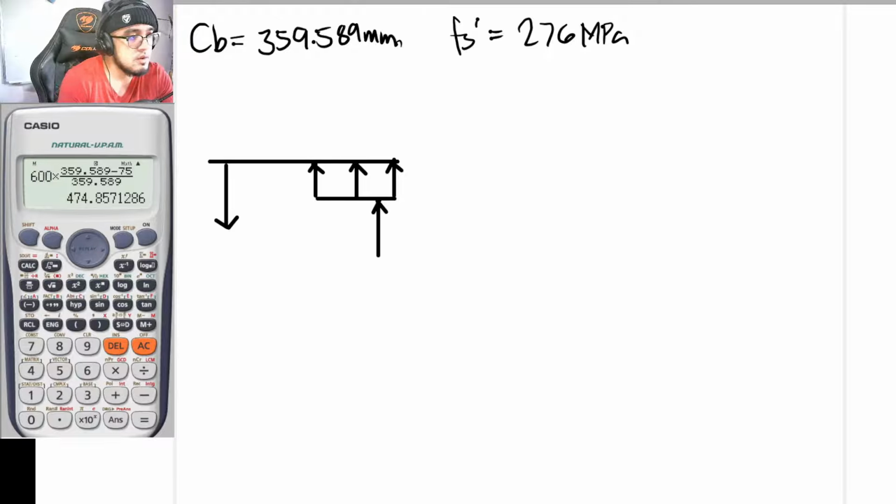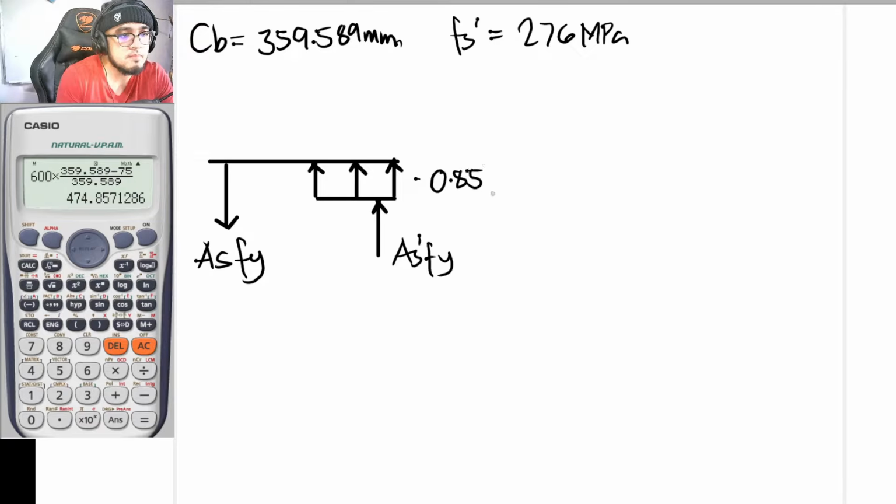So this is basically AsFy, since we are already sure that it would yield. And this is equal to As prime Fs prime, but our Fs prime is also equal to Fy. So with that, we can write this as As Fy. And this is now to be equal to 0.85 times Fc prime times A times B.